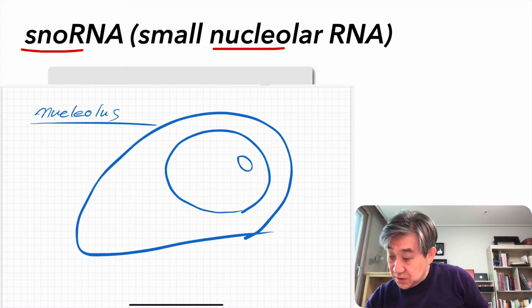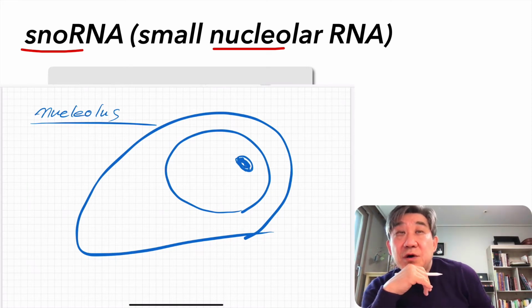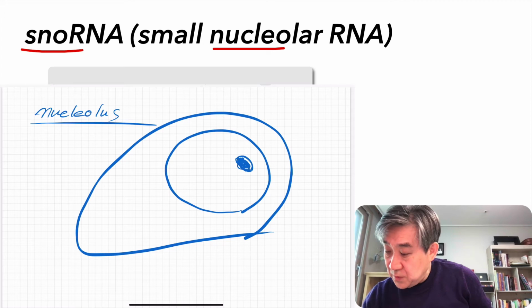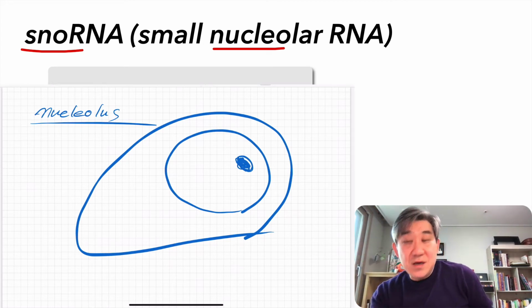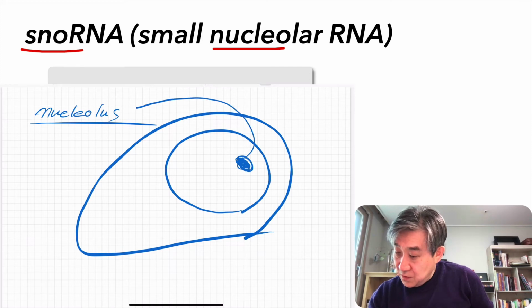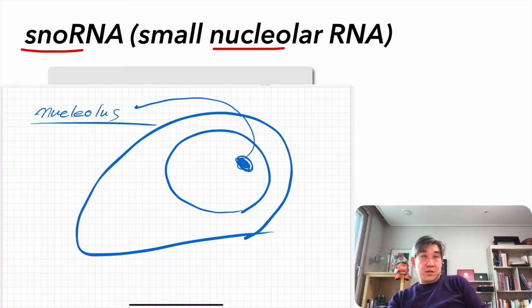There is a certain specific area under the light microscope. Usually, this specific area of the nucleus is stained very dark, and this is the nucleolus, right? And what's the relevance of the nucleolus function-wise?